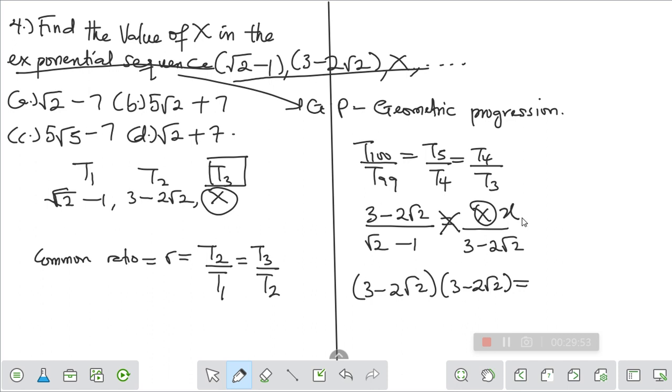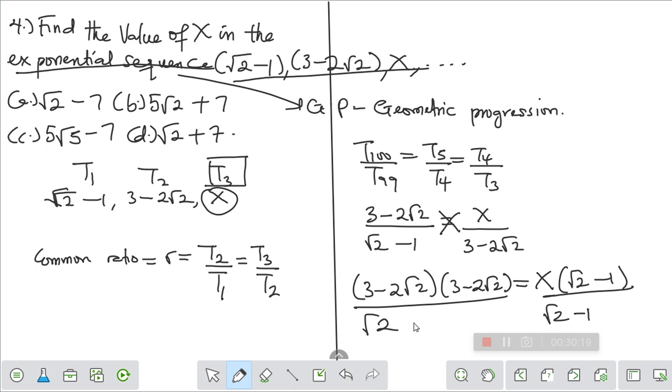Let me make the x look different because I'm going to use multiplication; multiplication is the same thing as a bracket. So x bracket is the same thing as multiplication. You are looking for x, right? So just divide everything by root 2 minus 1.